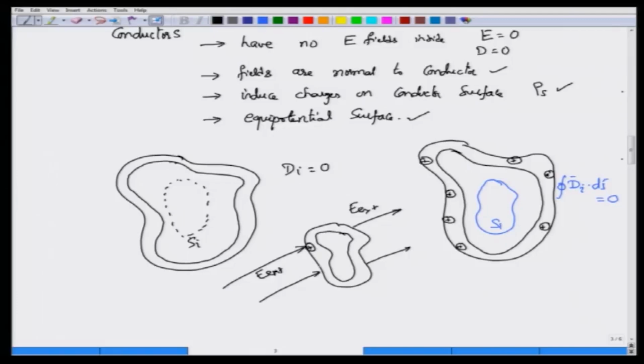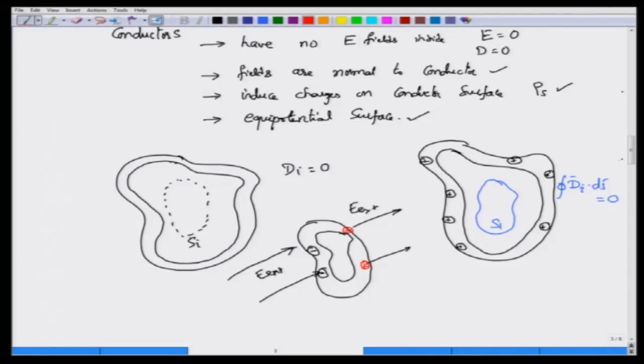The charge induced is a negative charge here, on the outer surface, not on the inner surface. Similarly, there will be charges here which would be induced on the surface, and they would all be positive charges. So, the charges are induced on the outer surface and not on the inner surface. So, there is no electric field inside.